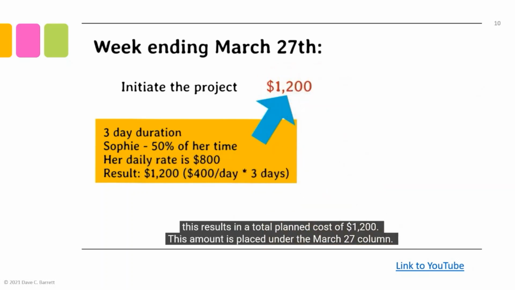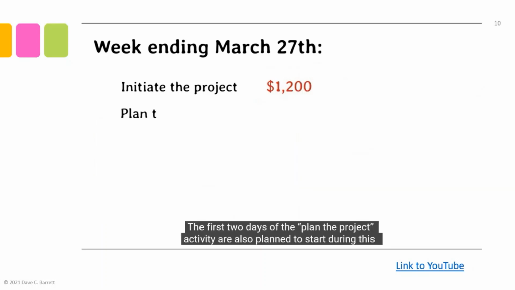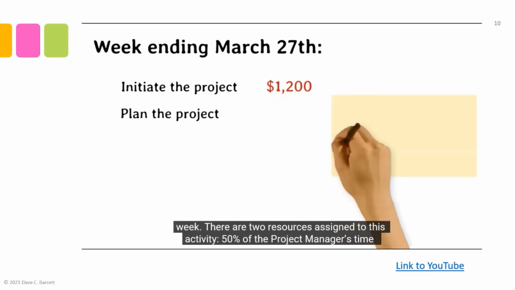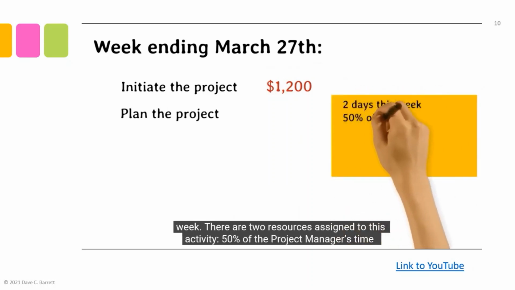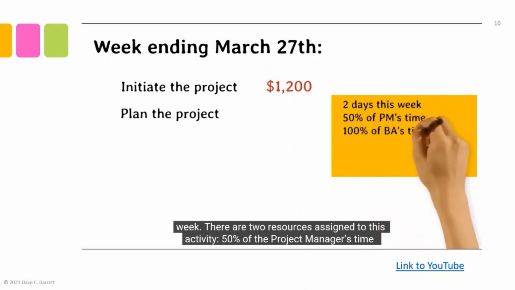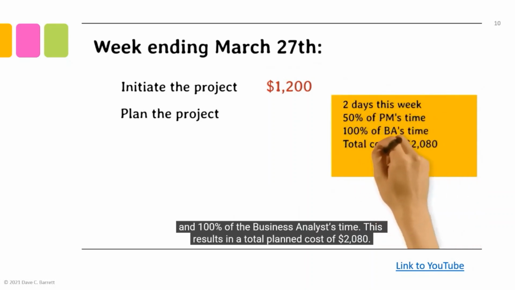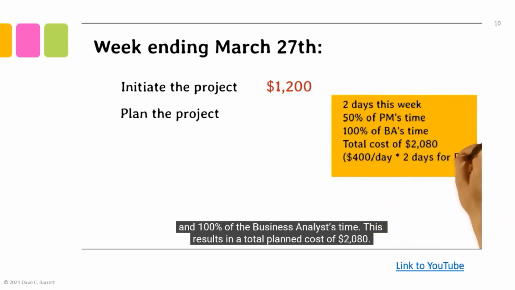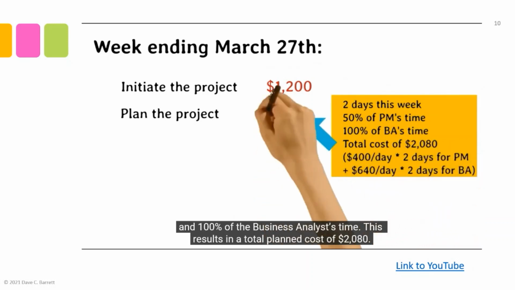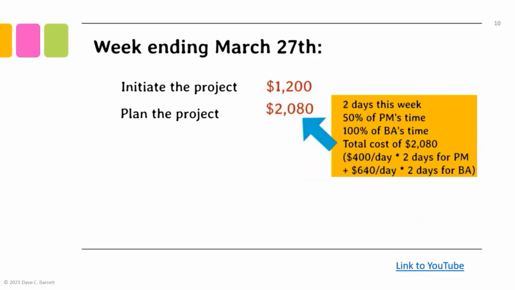This amount is placed under the March 27th column. The first 2 days of the Plan the Project activity are also planned to start during this week. There are 2 resources assigned to this activity, 50% of the project manager's time and 100% of the business analyst's time. This results in a total plan cost of $2,080.